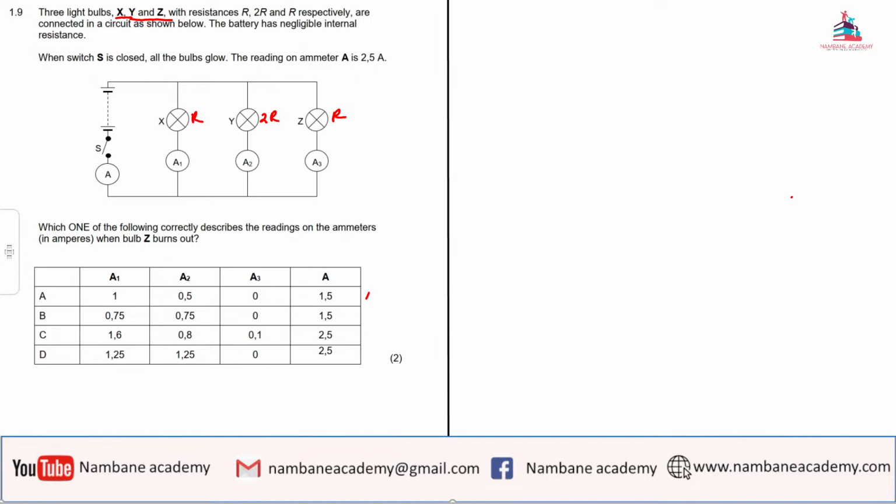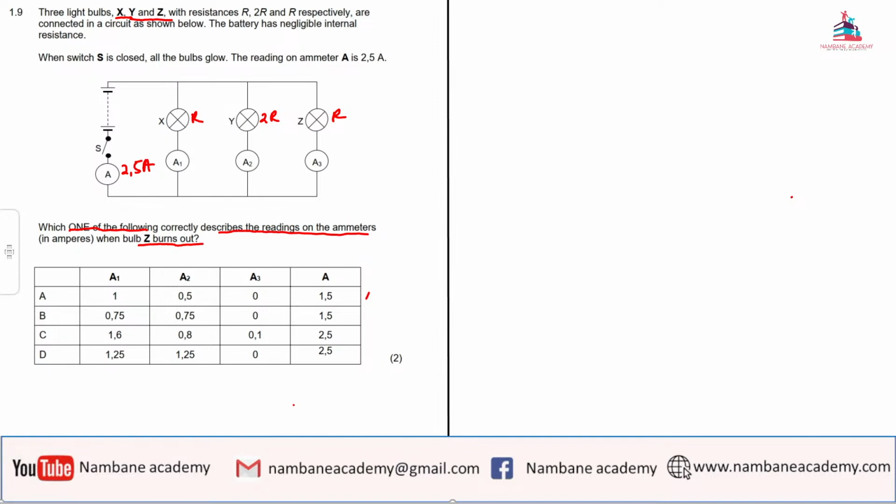The reading on the ammeter is 2,5 ampere. Okay, now we have what we call the elimination method. So let's apply the elimination method immediately after reading the question. Follow the current path. Which one of the following correctly describes the readings on the ammeters when Z burns out?